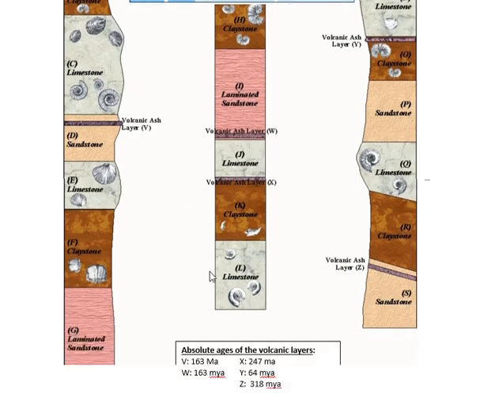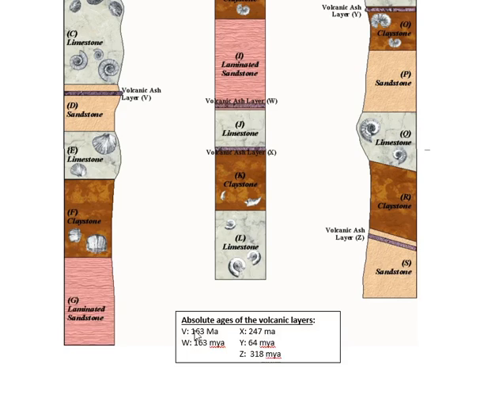All right, so there's a few things we can do to start here. So number one, we have volcanic ages here. So let's put those in and correlate them to the absolute ages. So we see V is 163. Okay, so I'm going to write 163. W is also 163. Okay, so we know right away, here's a correlation.